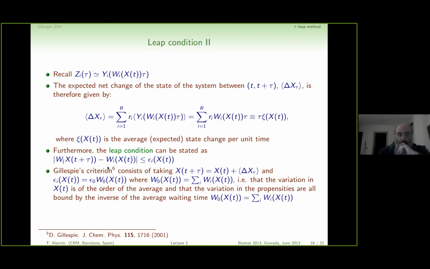Then it's bounded by this W0, which corresponds to the sum we defined before. So basically the variation in x(t) is of the order of the average, and the variation of the propensities, that is, of the W functions, are all bounded by the inverse of the average waiting time.